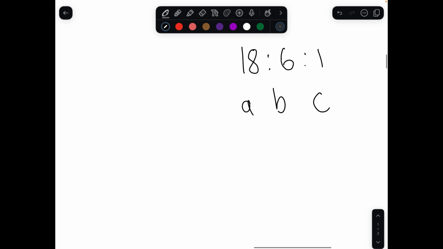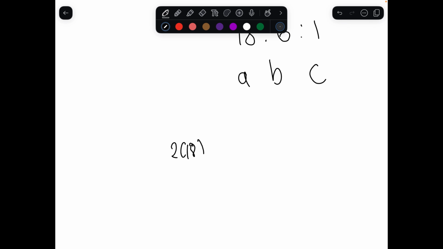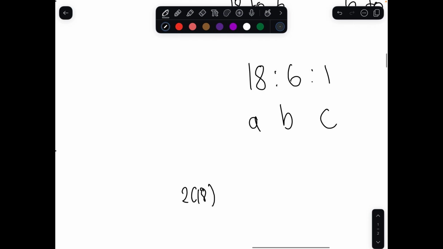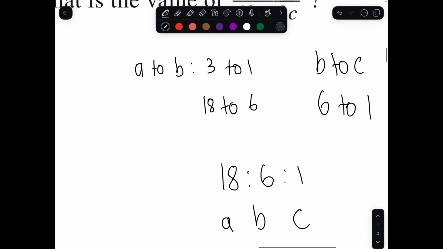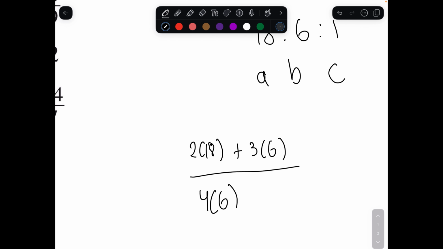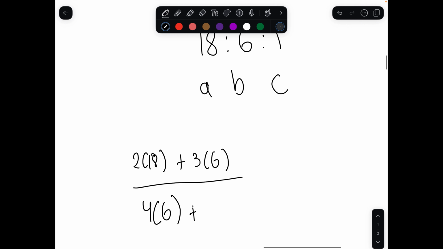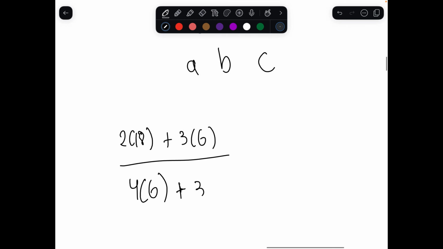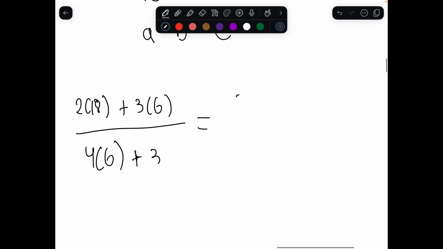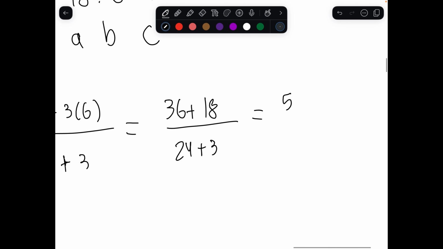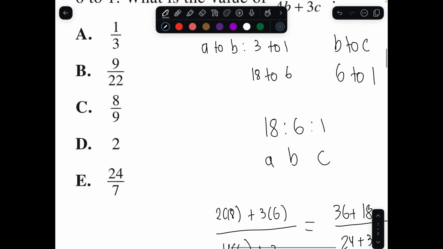So let's do that. 2 times 18 plus 3 times 6 over 4 times 6 plus 3. And now if we solve, well, 36 plus 18 over 24 plus 3, that's 54 over 27, which is 2.